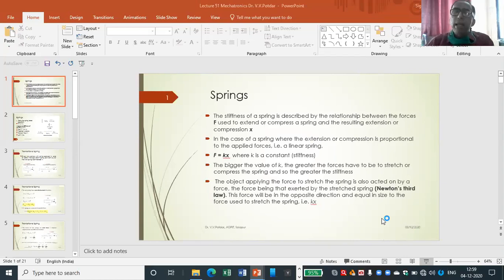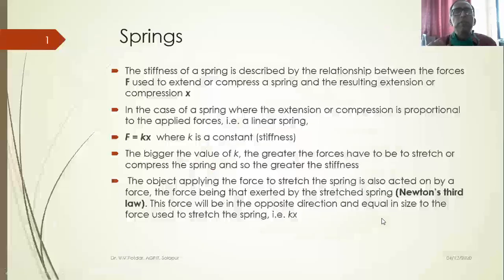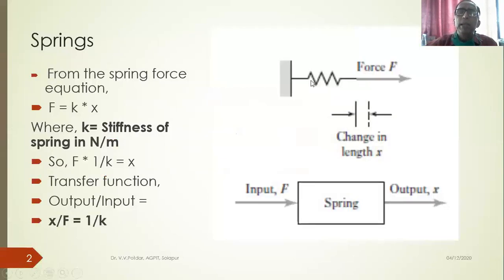This mechanical system will have an actual spring, or a spring-like element, or an element having stiffness. So it is represented by a spring like this diagrammatically. The applied force is shown like this, right?